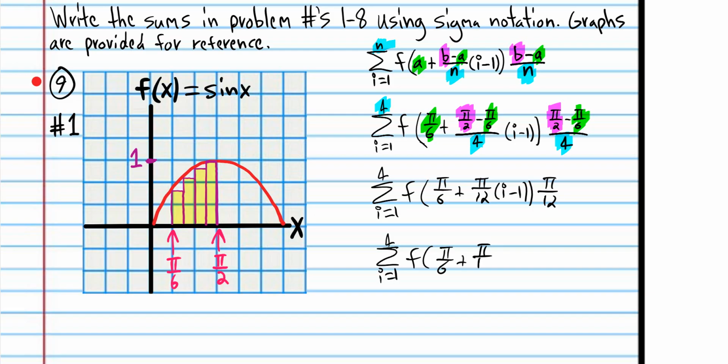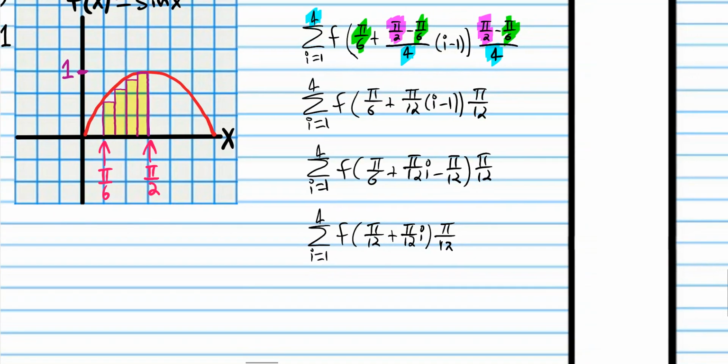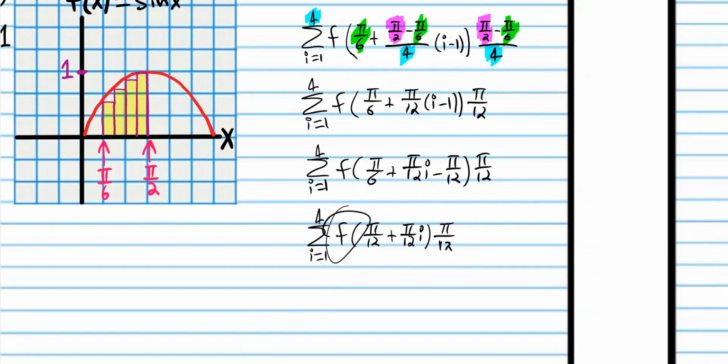We have pi over 12 times i minus pi over 12. And pi over 6 minus pi over 12 is pi over 12. So that's about as far as we can go, unless we change f into the actual function that we're using.